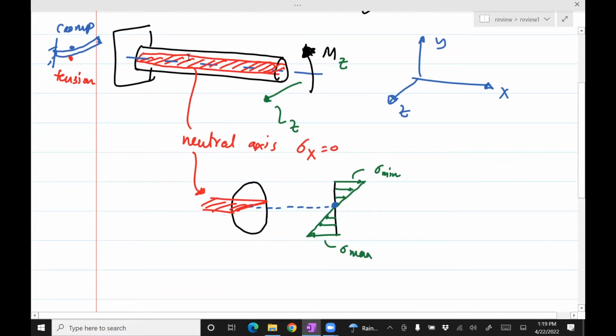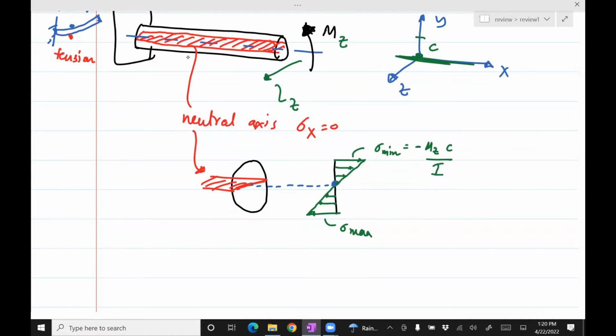The value for sigma min and sigma max would be Mz times y, where y is the distance from the neutral axis. This is the neutral axis, along the mid of the beam. If you measure y upwards, and let's assume the radius is c, then you have Mc divided by I, where I is the inertia. You put a negative sign, which just indicates the compressive stress. And sigma max would be Mz c divided by I with a positive sign.